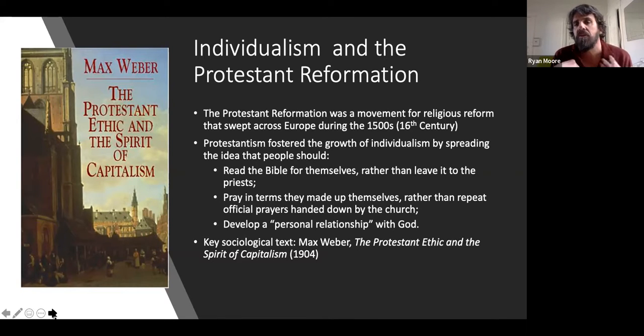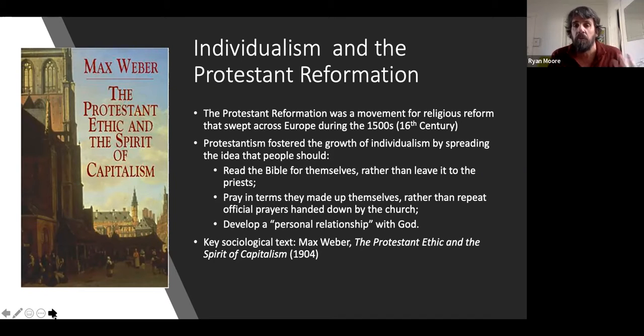So the Protestant Reformation was basically this movement for religious reform that swept across Europe during the 16th century. And the cultural consequence of it, the consequence for people in society, was to foster a more individualistic sense of themselves and their relationship to society.